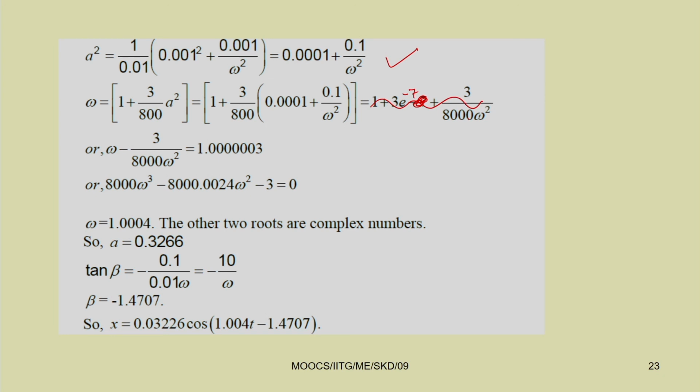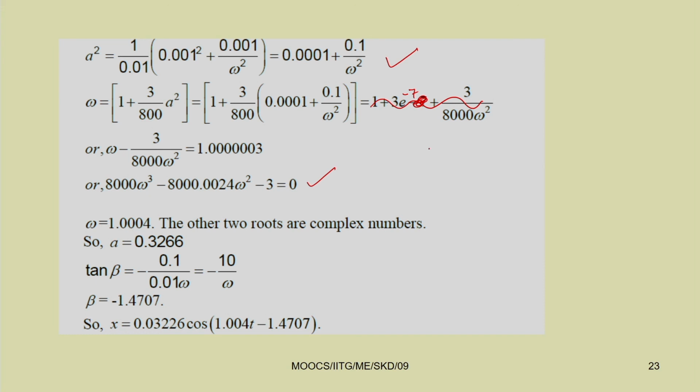So, you can write the expression for omega and then, for more simplification, if you write this, you will get a cubic order expression in omega. So, you can solve this thing. There are several methods to solve this equation.